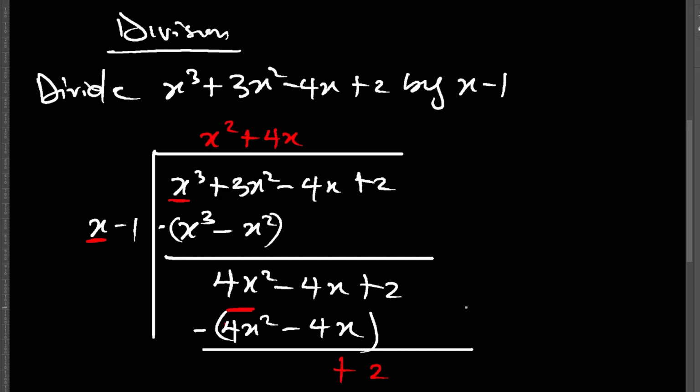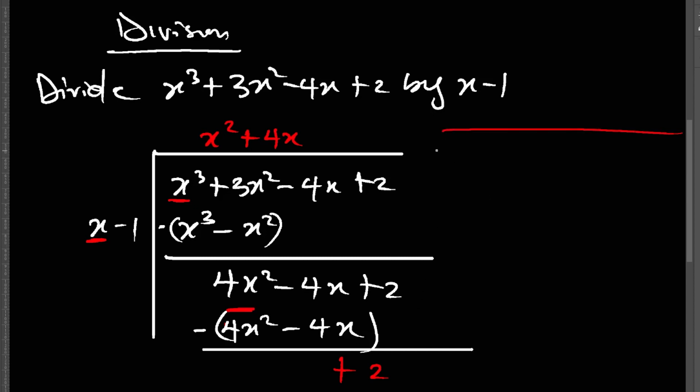Now the question is, is it every time that we are going to be having a remainder? And the answer to that is no. Not all the time are you going to have a remainder. So I would like you to look at this example for me and let me know in the comment section what you have as your remainder.